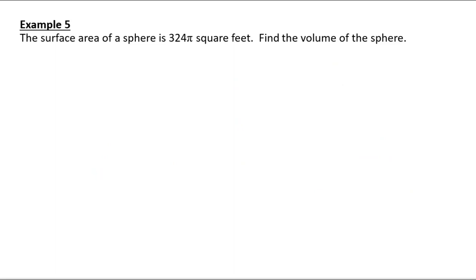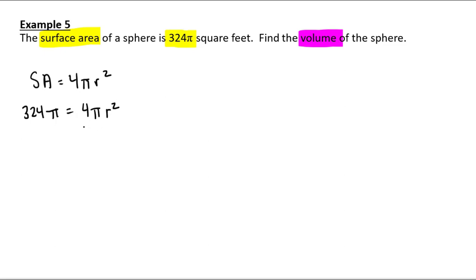Okay, so now here they tell me the surface area is 324 pi. I need to look for the volume. So we start with our surface area formula, which is 4 pi r squared. 324 pi equals 4 pi r squared. I divide by 4 pi on the right side and divide by 4 pi on the left. Those pi's cancel. We get 81 equals r squared.